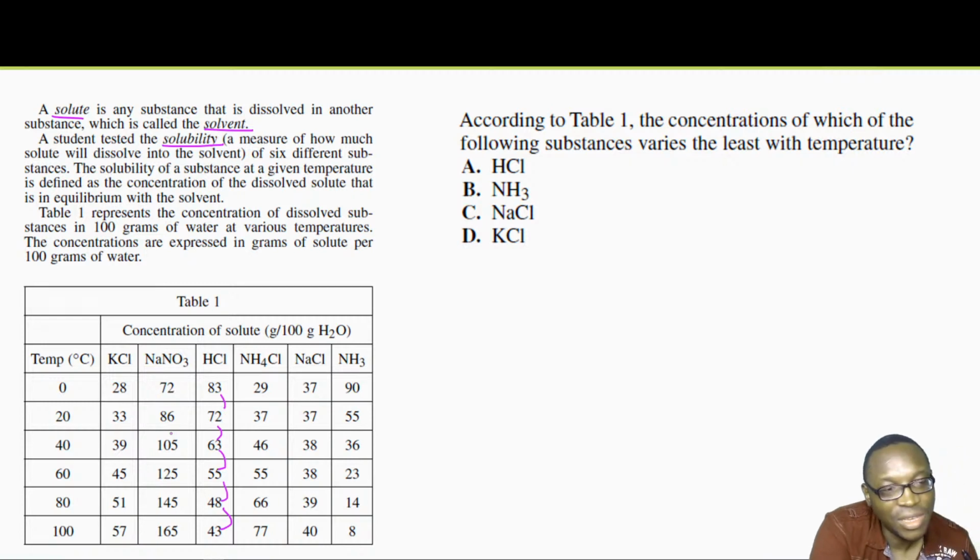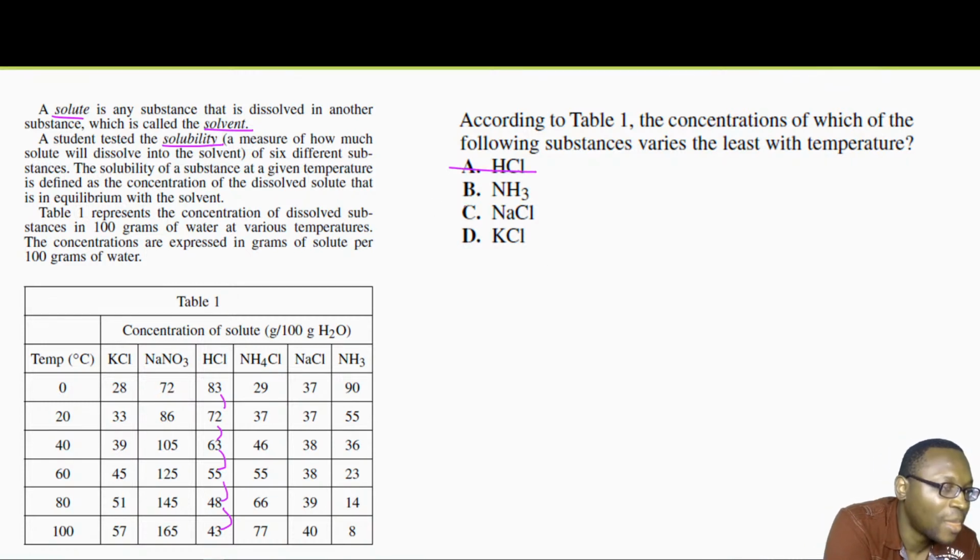And the important thing for you to remember is that in the science, you don't need a calculator. So if you're having to calculate, you're doing too much. You can just look at it and see that there's a difference in the concentration of the solute as the temperature increases. So that rules this out.